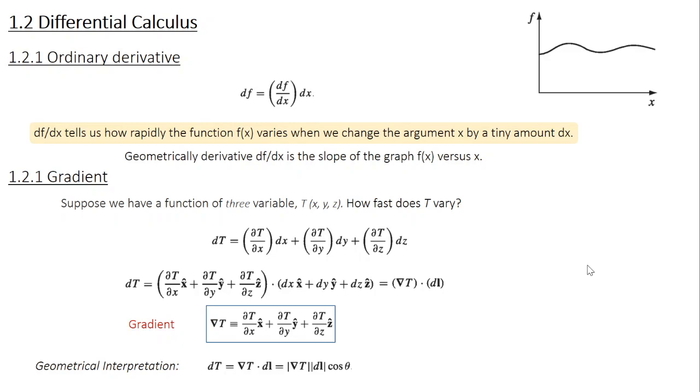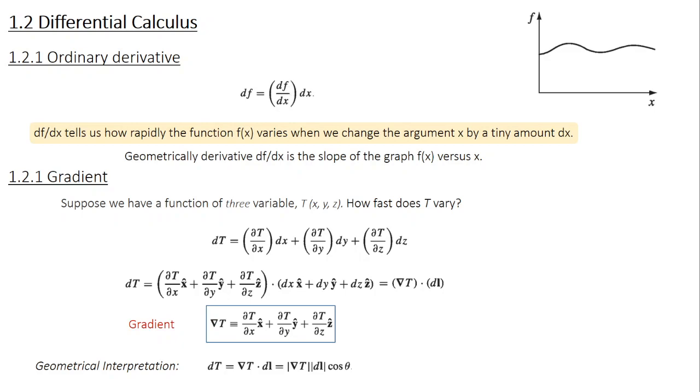So I'm sure you all are familiar with ordinary differential operation. If you have a function f of argument x, then the derivative of f with respect to x is defined as df by dx. This is rate of change of function f with respect to x.